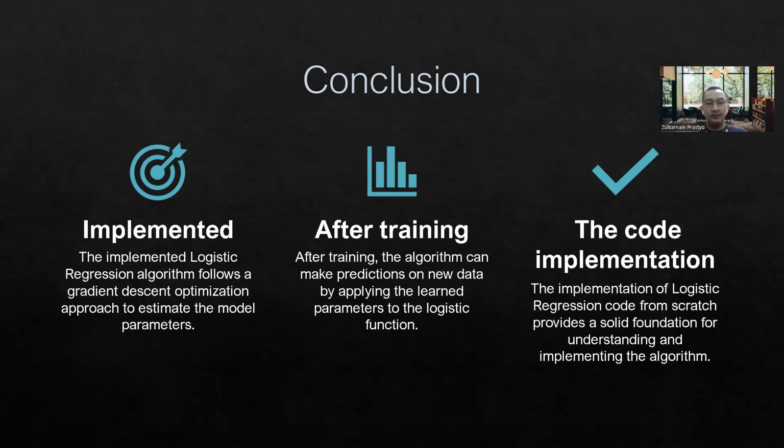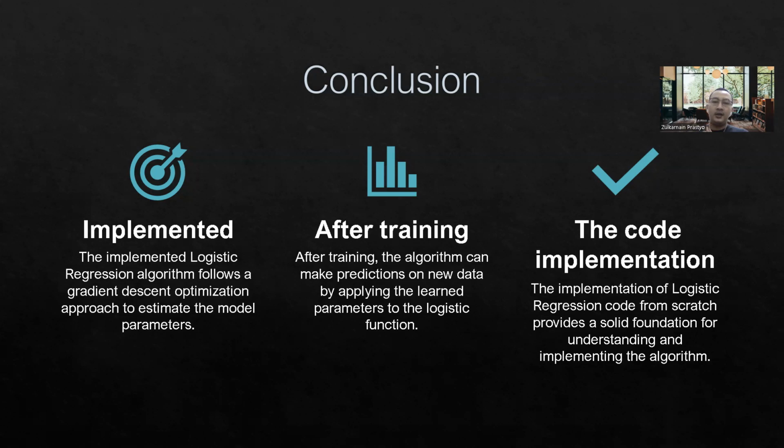The first is implementation: the implemented logistic regression algorithm follows a gradient descent optimization approach to estimate the model parameters. The second: after training, the algorithm can make predictions on new data by applying the learned parameters to the logistic function.